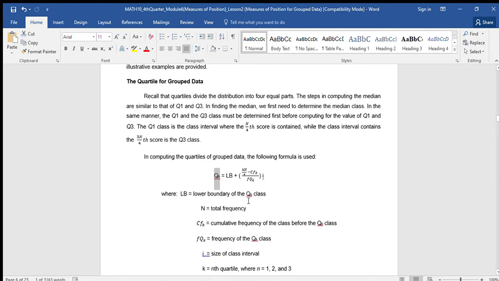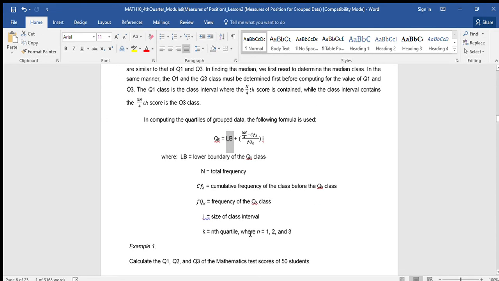LB is defined as the lower class boundary of the Q sub K class.